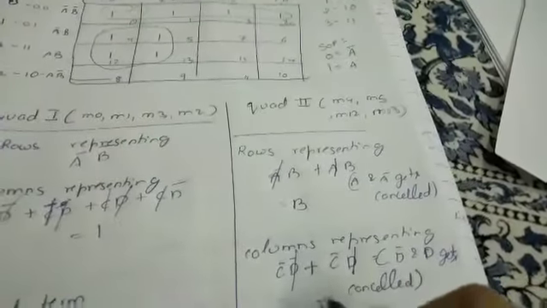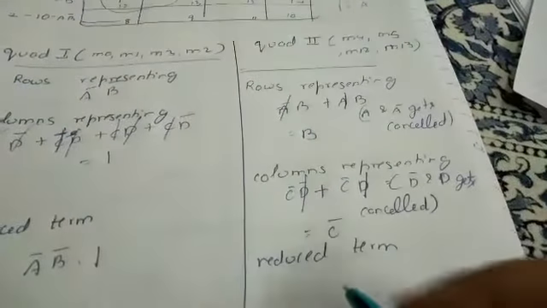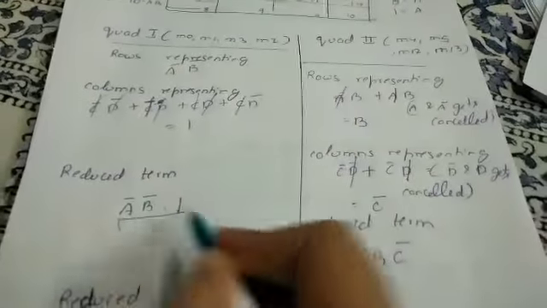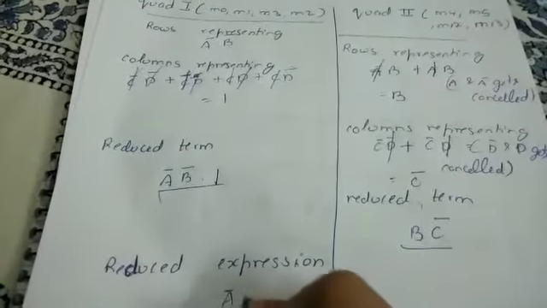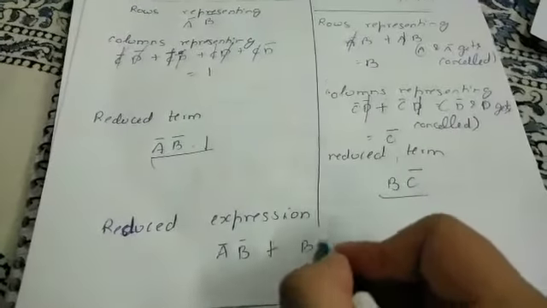You're left with C naught because C naught is common. What's the reduced term for this entire expression? You have got B C naught. So you have two expressions here, A naught B naught and B C naught. Now what's the reduced expression? You will combine both the reduced terms of quad 1 and quad 2. So you get here A naught B naught plus B C naught.